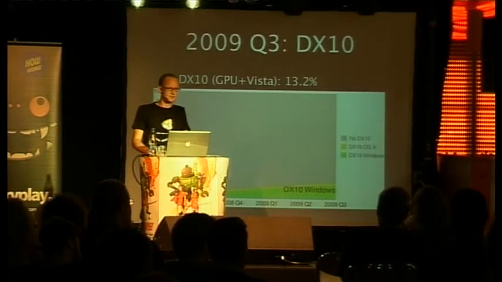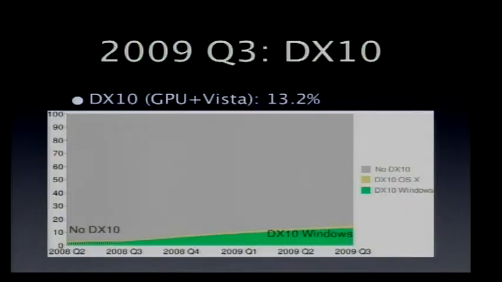So, for example, DirectX 10, by now, about 10% of casual gamers can actually use that, meaning that they have Windows Vista or later, and they have DirectX 10 capable graphics card. And that number is rising, but it is rising, well, not very fast.